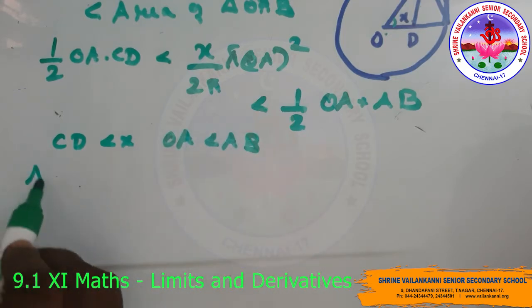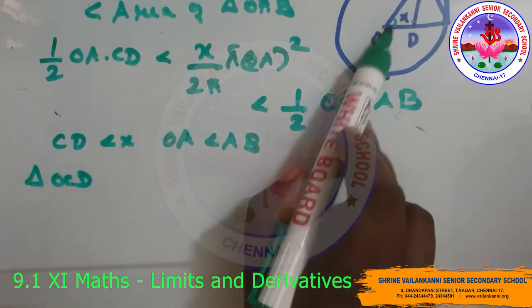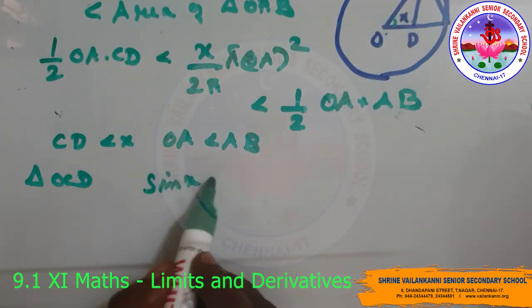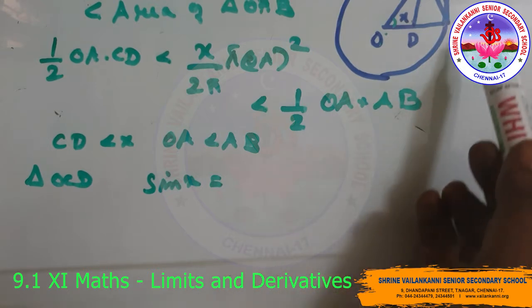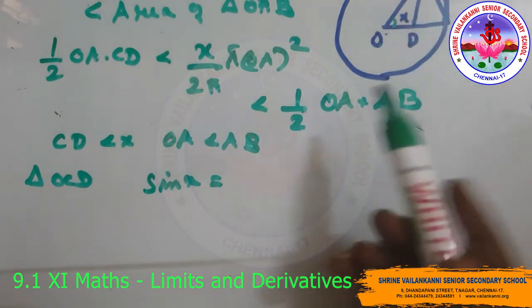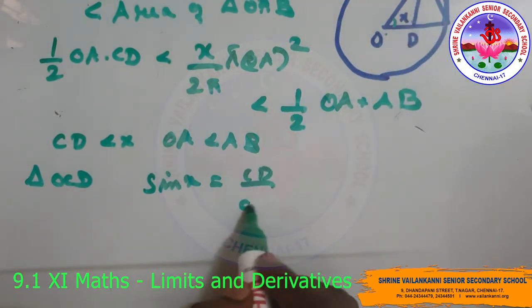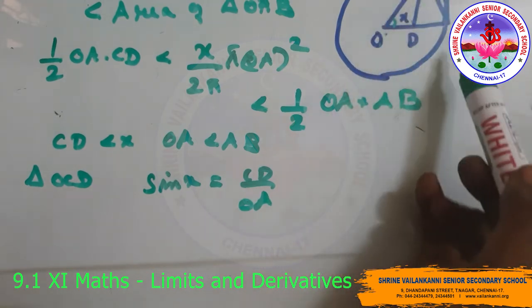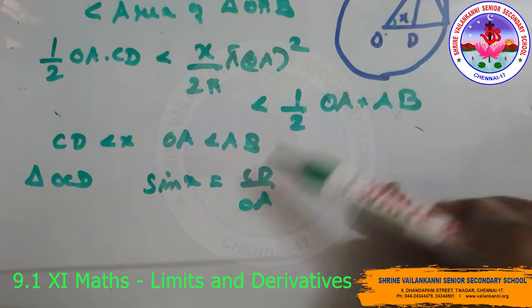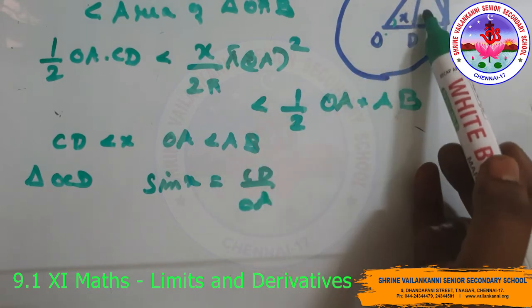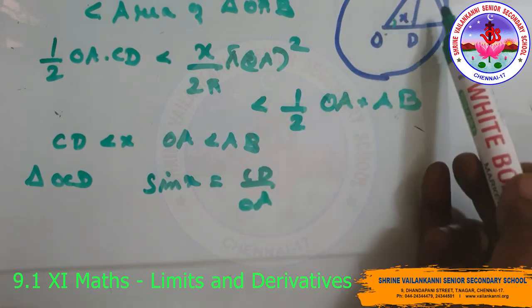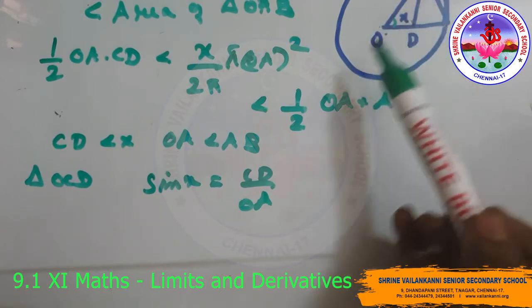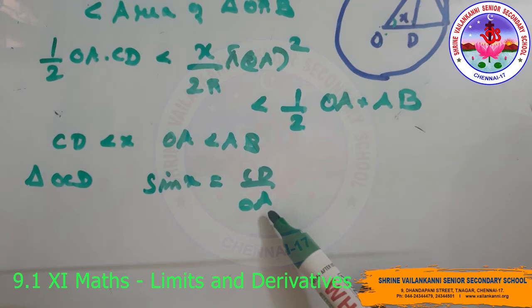So from triangle OCD, we have sin x equal to opposite by hypotenuse, that is CD by OC. Since OC equal to OA, we have written CD by OA.